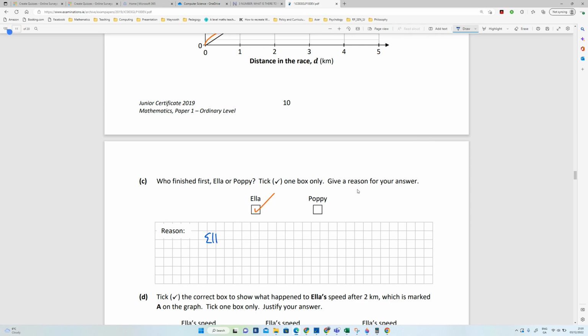Ella ran 5 kilometers in 26 minutes. Poppy ran 5 kilometers in 30 minutes. So that's our reason. She got there faster, simple as that.